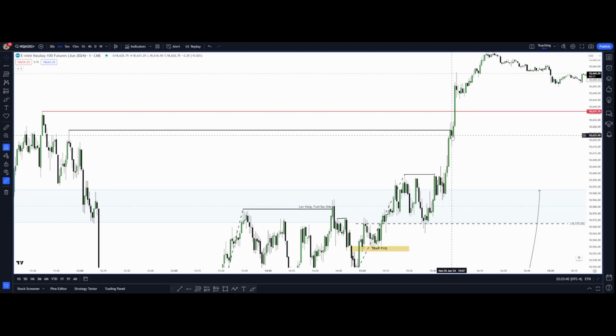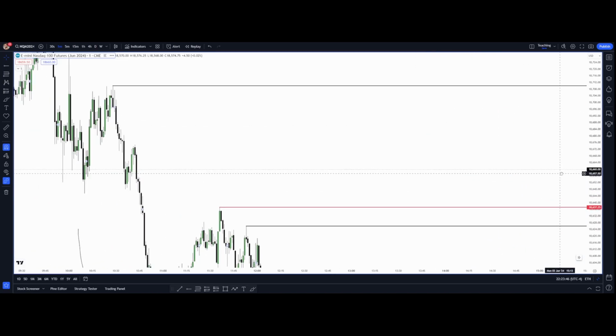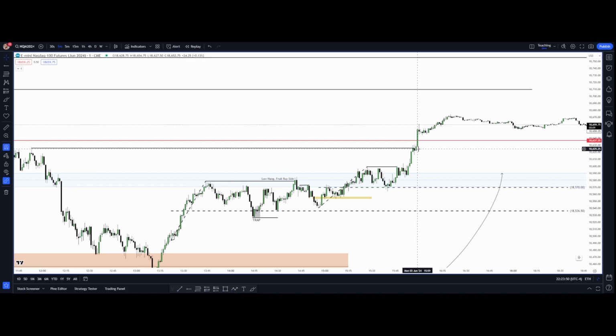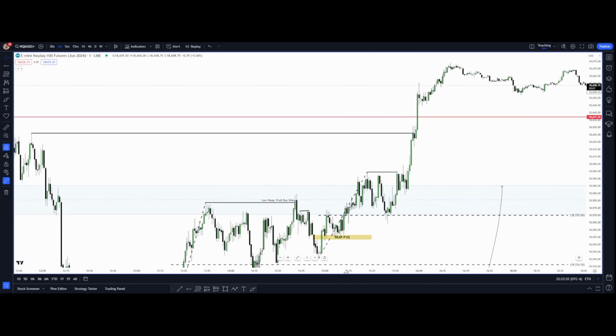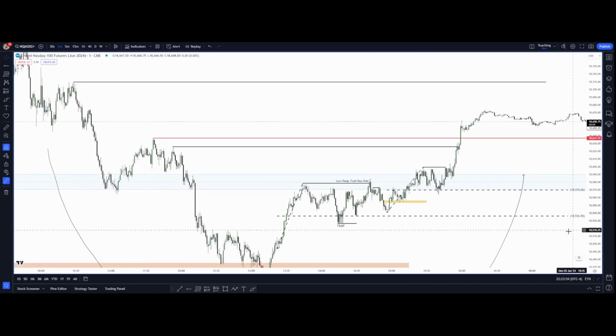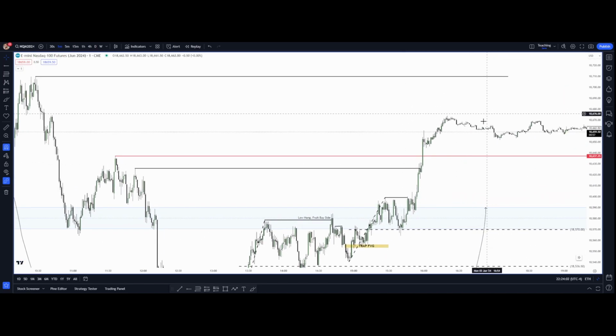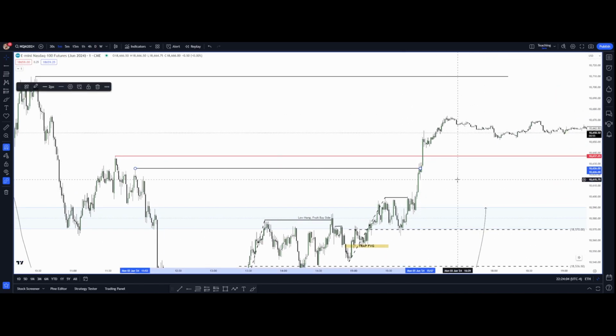Now, if it expands further, obviously you're looking for the other SMT highs. But this is a very good partial, or personally, if I was able to trade this, that would be my ultimate target for today. I wouldn't be holding any other contracts after that level.